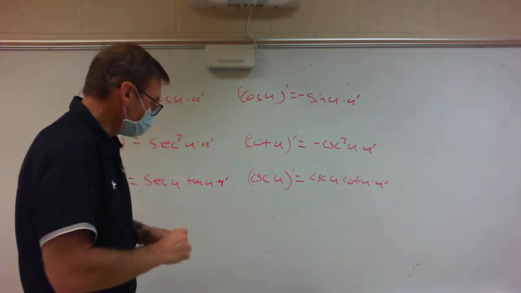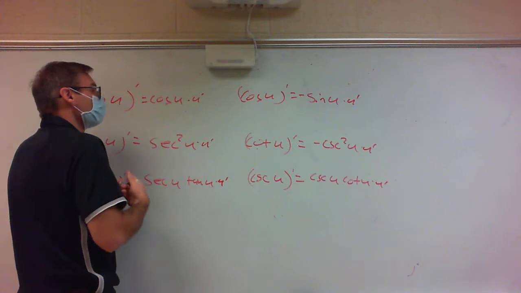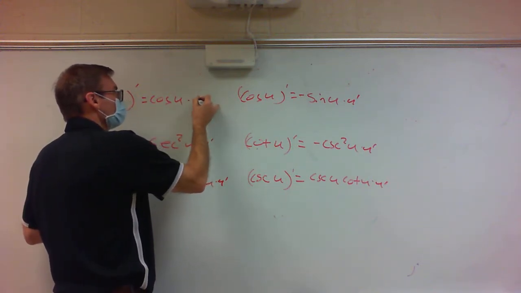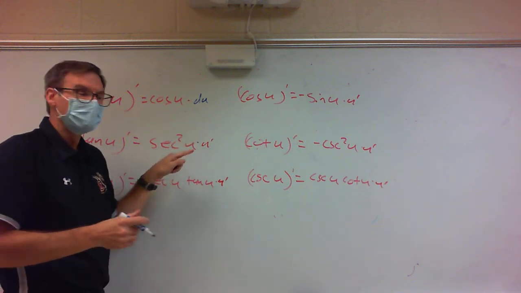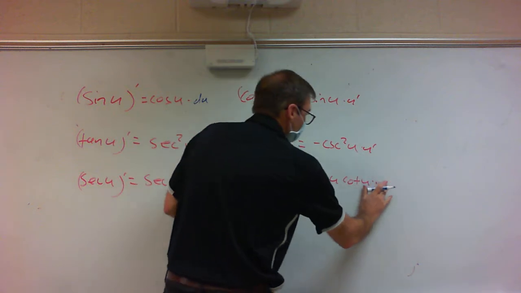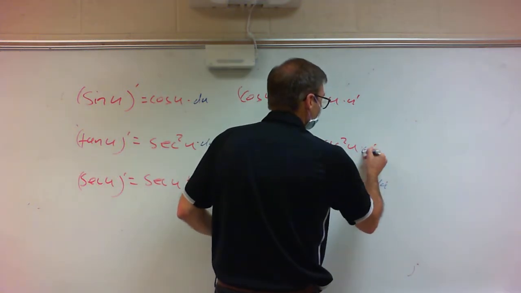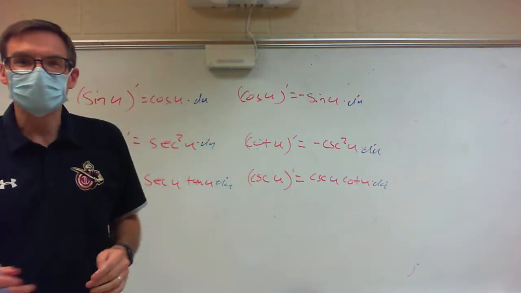Other notation they use for the derivative of stuff is sometimes u prime. A lot of times they'll actually say du, representing the derivative of stuff. That's the official way of doing it.